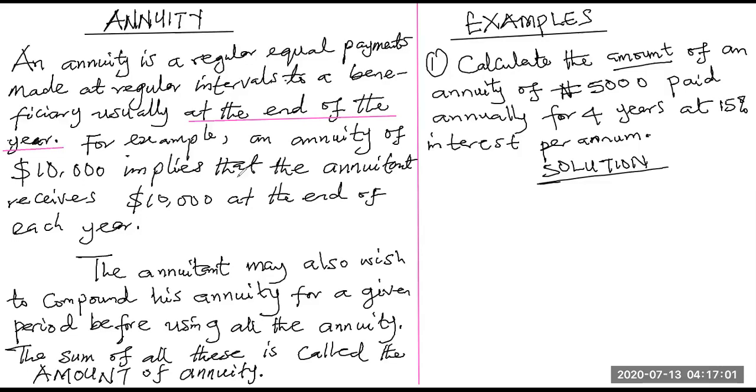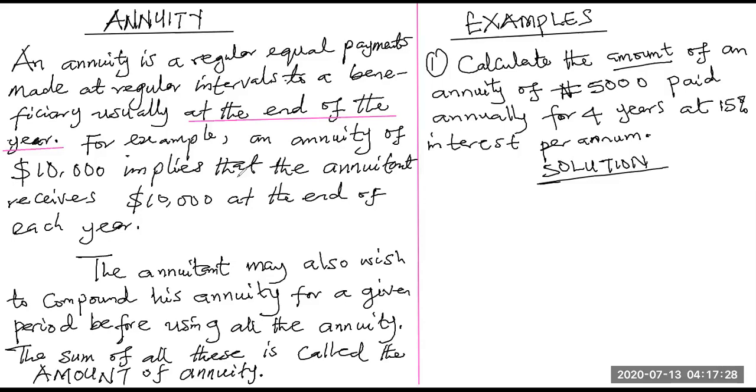Now, pay attention to where I'm driving at, because you're going to use this explanation in solving problems. It will help you understand when I'm solving problems. The annuitant may also wish to compound his annuity. We are free moral human beings and we like to capitalize on opportunities.